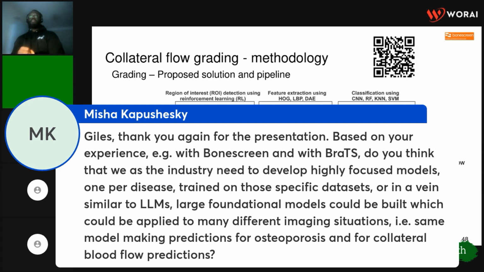That is one. But assuming it's possible, this would be a very huge model, and it would be hard to train because you would need a lot of data to be able to cover a lot of different disease areas and etc.